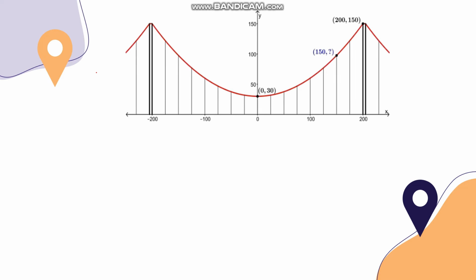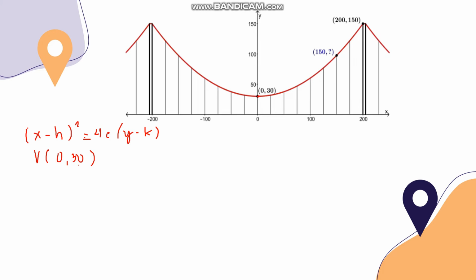Now, since we know that this is a parabola, we will again be using the equation (x − h)² = 4c(y − k). From the problem, we know that the vertex is (0, 30), so this point here.